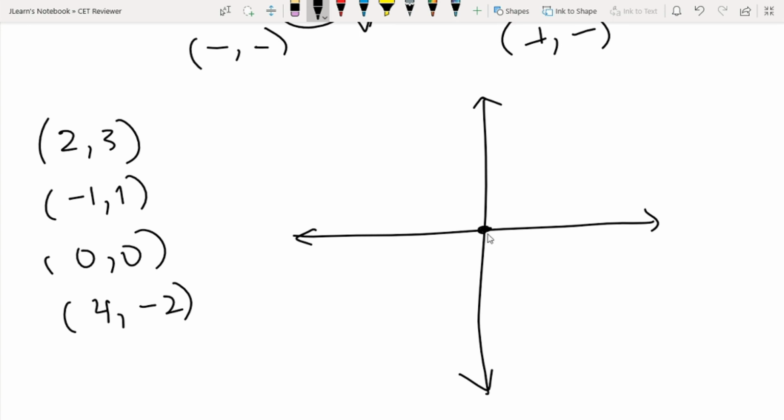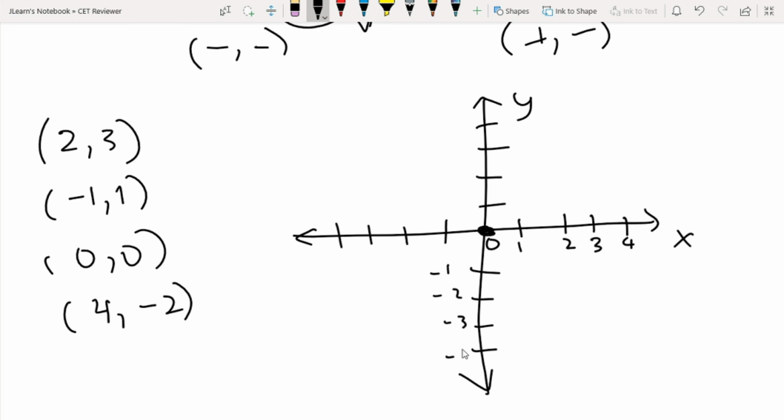And let's put x and y here so that malinaw lang. And gawa lang tayong tick marks, and lagyan natin sila ng label. Again, this is 0, this is 1, 2, 3, 4. This is negative 1, negative 2, negative 3, negative 4 on each axis, and 1, 2, 3, and 4.